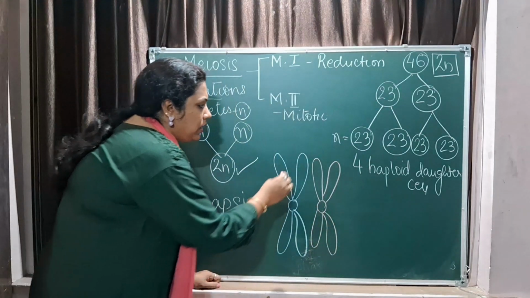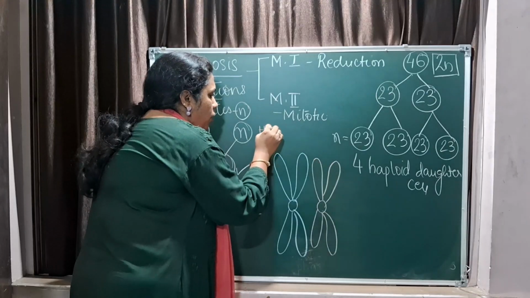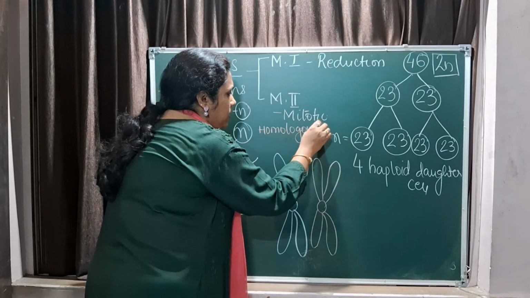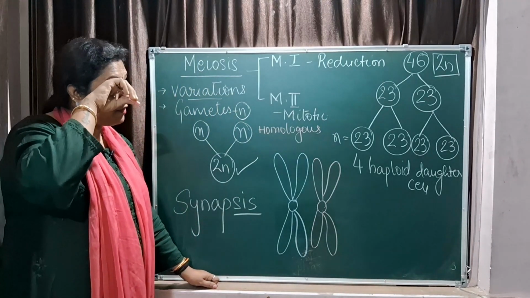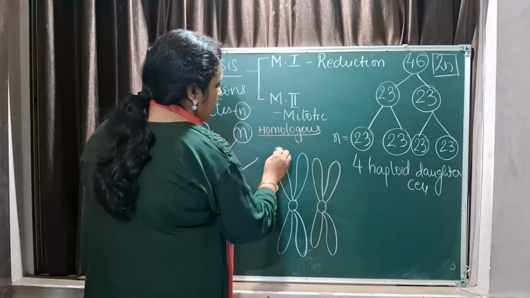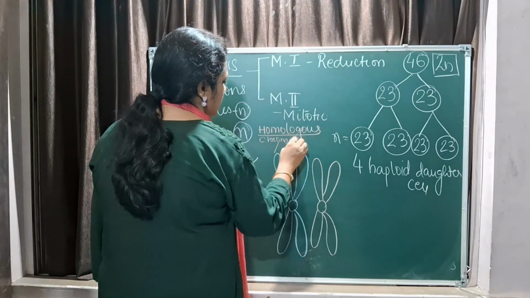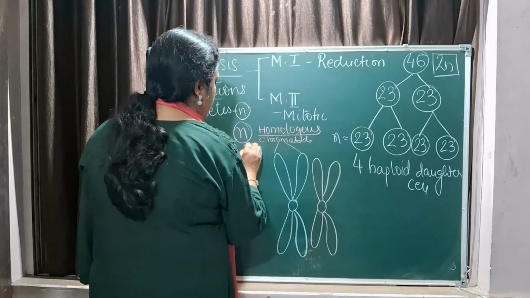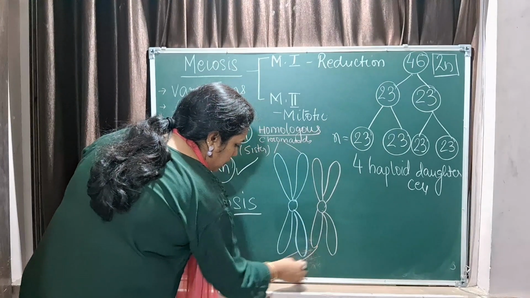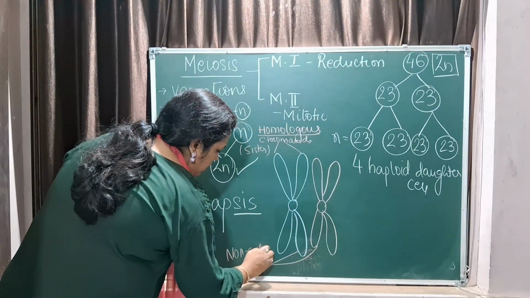These two are the homologous chromosomes. What are homologous chromosomes? The chromosomes which have the same shape, size, structure and are inherited from either of the parents. These are sister chromatids, and this is sister chromatids. And these two are the non-sister chromatids.